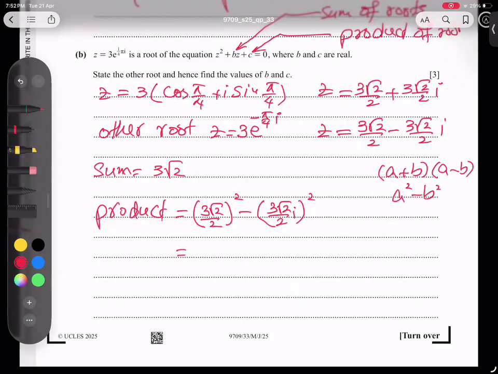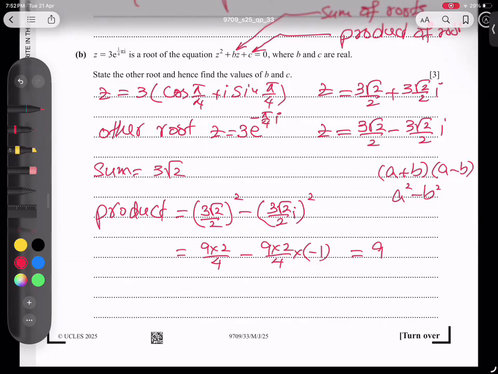So now 3 square is 9 into 2 over 4, 3 square is 9 into 2 over 4, and into minus 1 because of iota. So this is positive, which means I'm getting 9 here. If you check it again, it turns out to be 9.